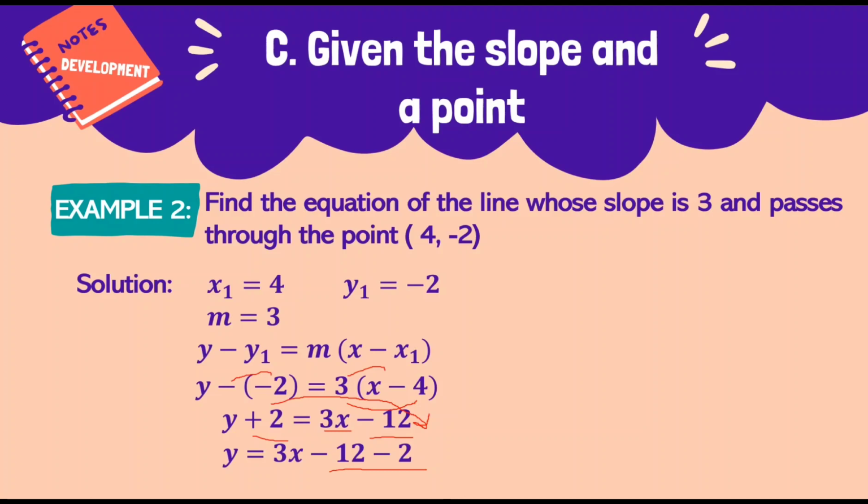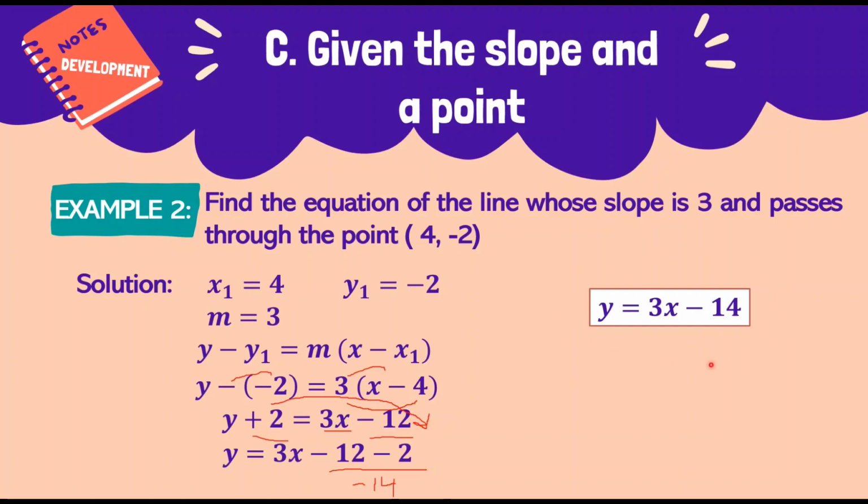So, as you can see, parehas ang sign nila na negative. So, we may proceed to addition. And then, copy the sign. So, yan. Negative 12 minus 2, it becomes negative 14. Ayan. So, let us write. So, it becomes y is equal to 3x minus 14. So, that is the equation of the line written in slope intercept form.